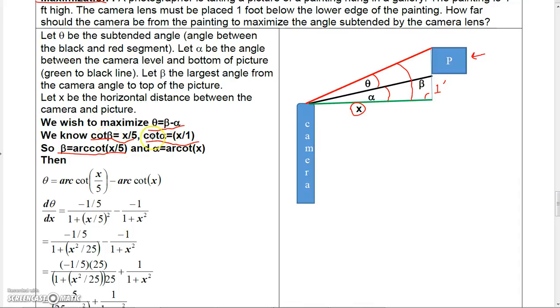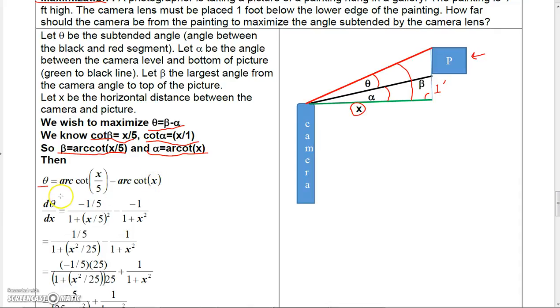And here, if we hit both sides with arc cotan, we get alpha on the left and arc cotan of x on the right. So now I've got beta and alpha in terms of x. I can go back to theta equals beta minus alpha, and theta is equal to the arc cotangent of x over 5 minus the arc cotangent of x.